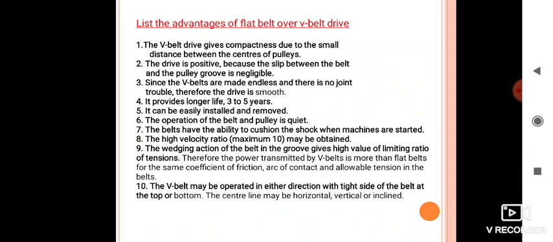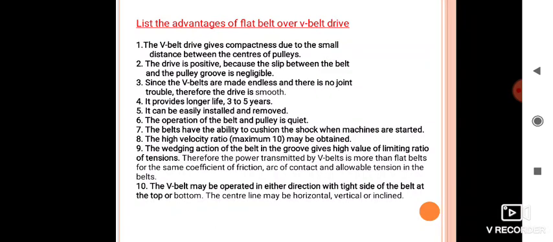The belts have the ability to cushion the shock when the machines are started. The high velocity ratio may be obtained. The wedging action of the belt in the groove gives a high value of the limiting ratio of the tensions.